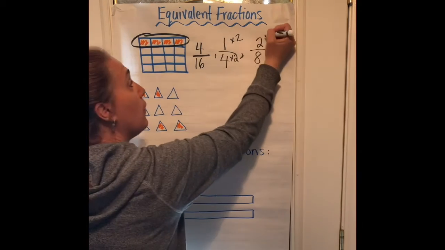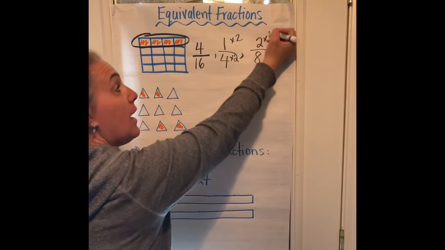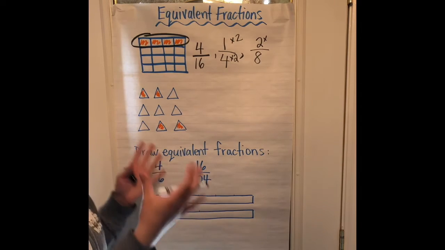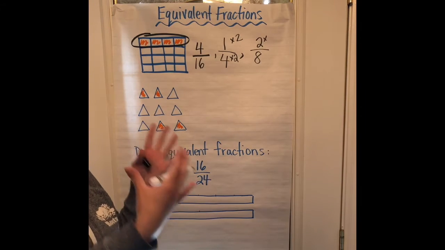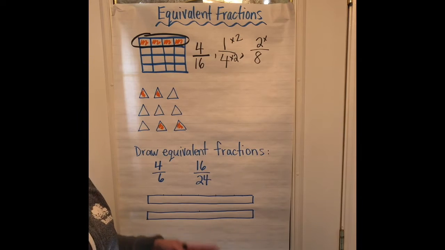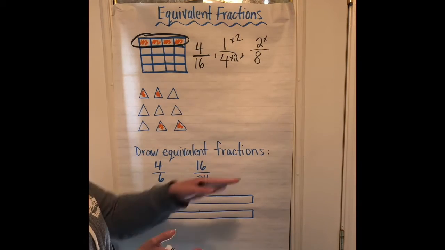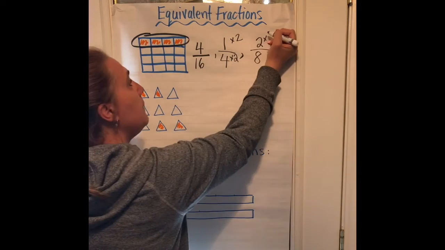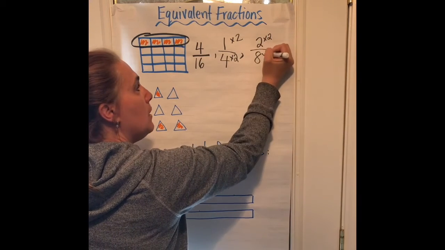I can go further. I can continue multiplying both the numerator and the denominator by 2. I can choose 3 if I want. I can choose 4 if I want. I can choose any number to multiply the numerator and the denominator by if I want to, and I will still end up with an equivalent fraction, just as long as you're doing the same to the bottom as the top. So I'm going to try 2 again.